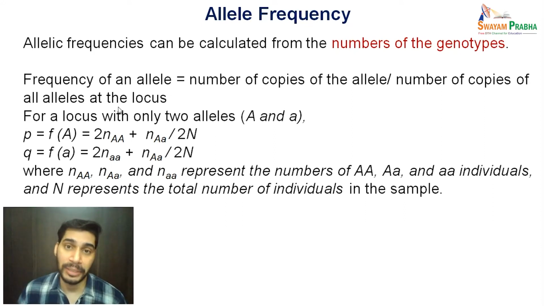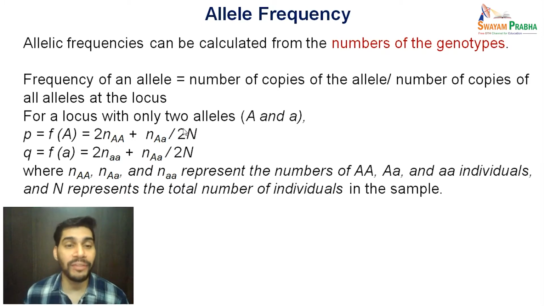For example, let's assume a locus with two alleles, capital A and small a. The frequency of the capital A allele, which is represented by p here, is equal to twice the number of dominant homozygotes plus the number of heterozygotes, divided by twice the number of individuals.